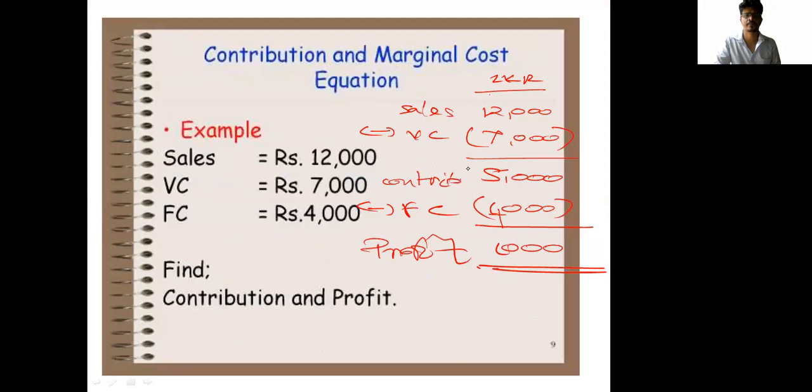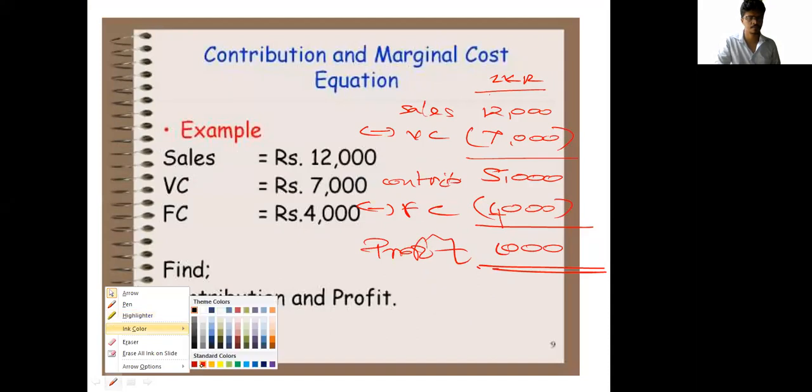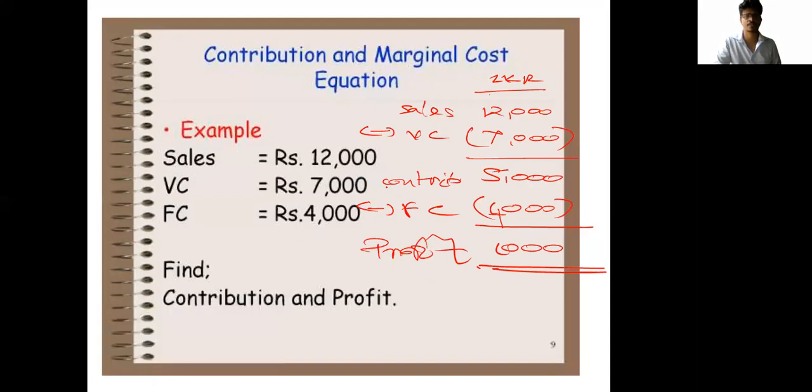Here you can see contribution minus fixed cost equals total profit. In the break-even point, this profit should be equal to 0.